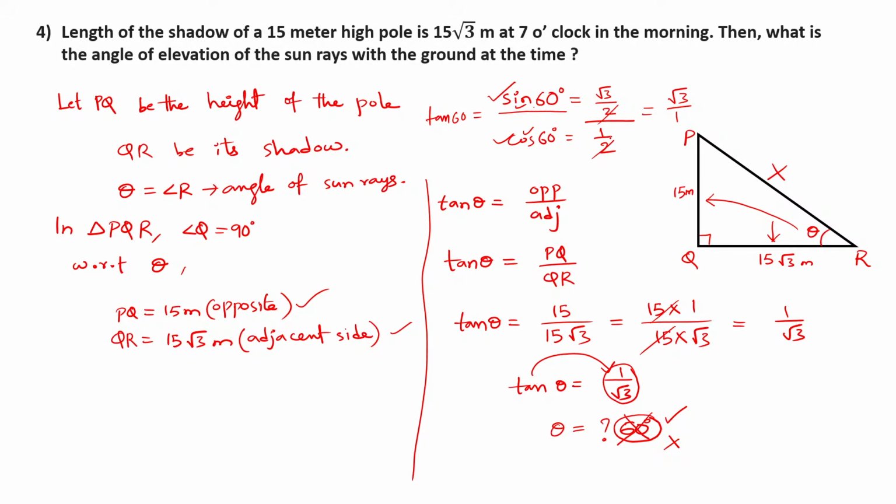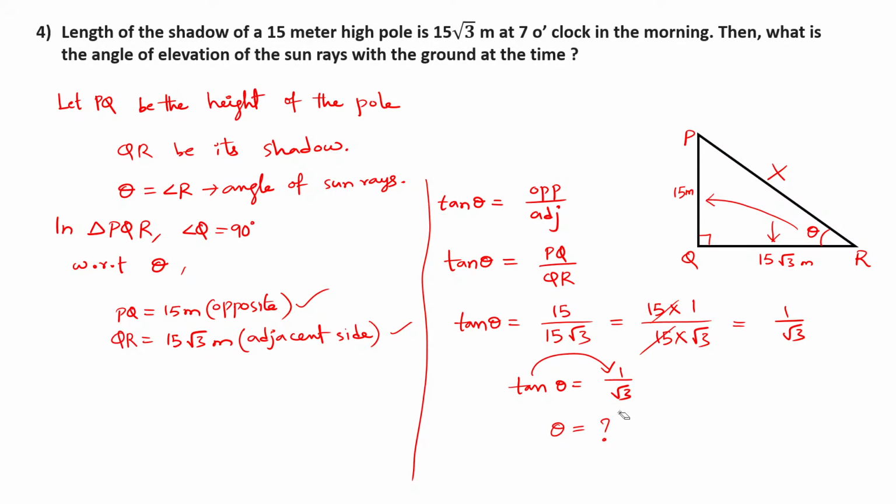So what will be the other choice? Definitely it must be sine 30 by cos 30. So if you don't remember all those things, there is only one option, that is to remember the trigonometric ratio table compulsorily. I will tell you a trick to remember the trigonometric table in the upcoming videos.